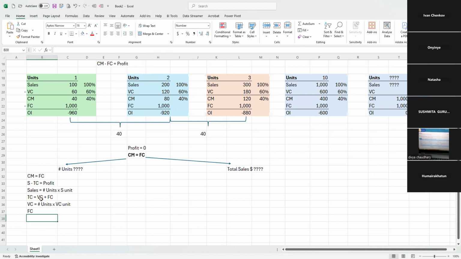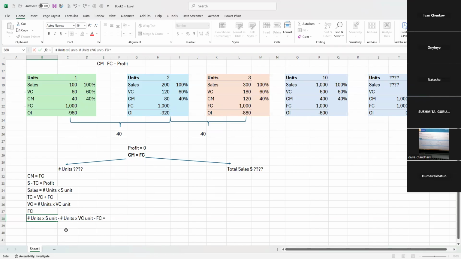So now, let's express this one in the first form. So what do we have? We have number of units times sales price per unit, minus number of units times variable cost per unit, minus fixed cost.